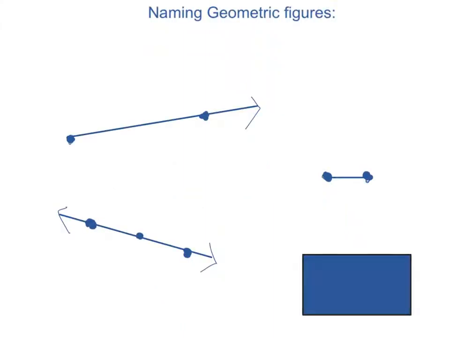The next slide is naming geometric figures. So I have a whole bunch of figures here, and I see that I didn't put any point names on there.